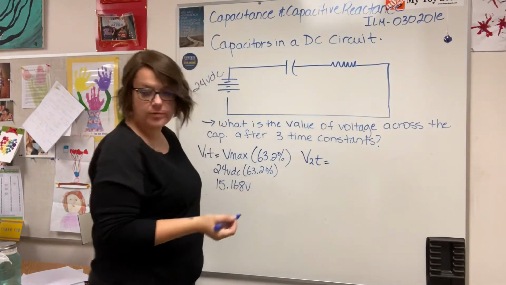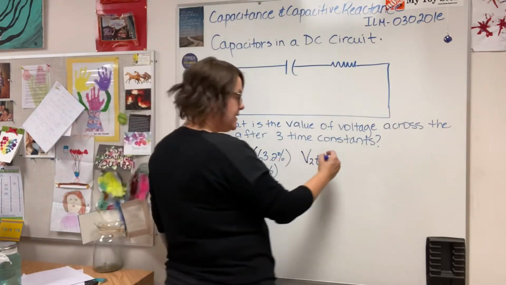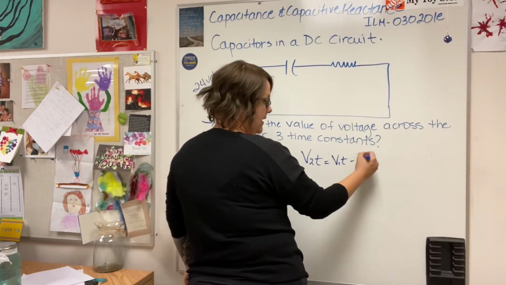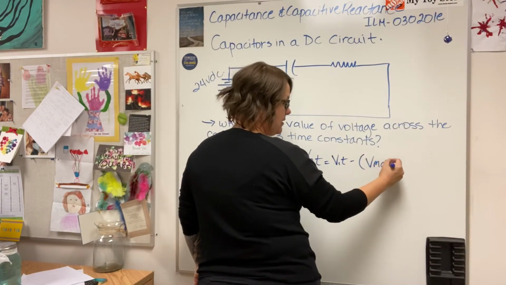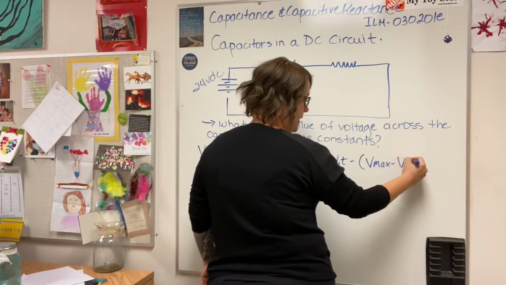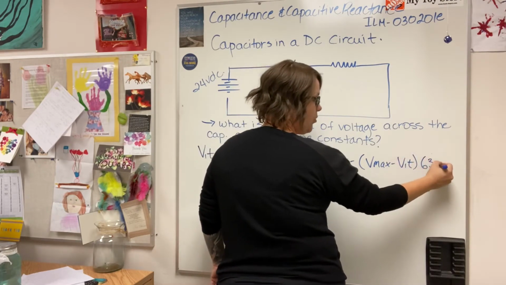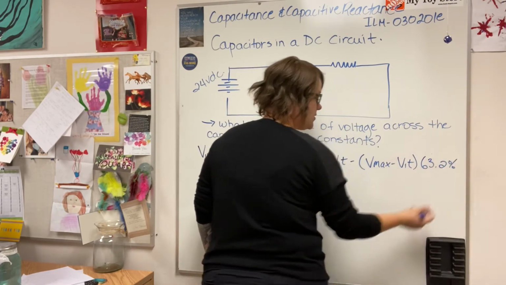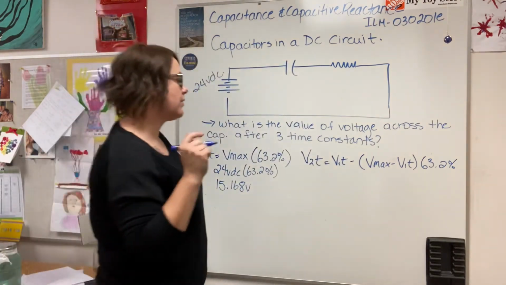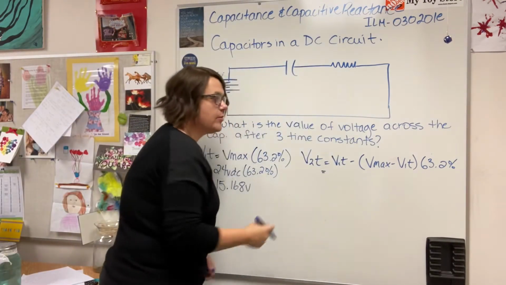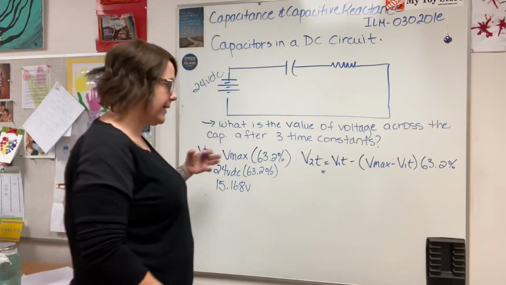This is the formula: V2T equals V1T plus, in brackets, Vmax minus V1T, times 63.2%. It's exactly the same way as we did our inductor, except we're talking about the amount of charge across the capacitor.